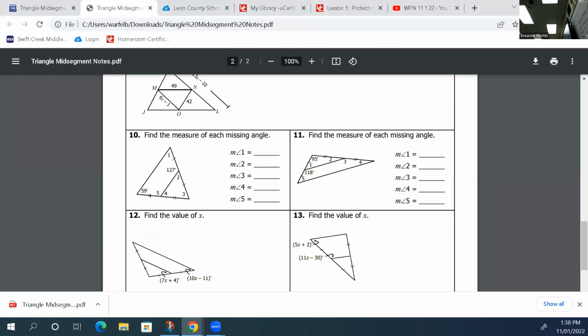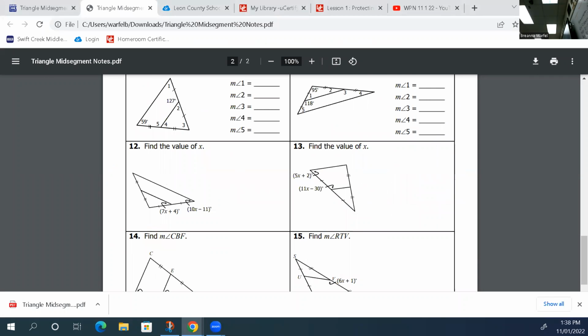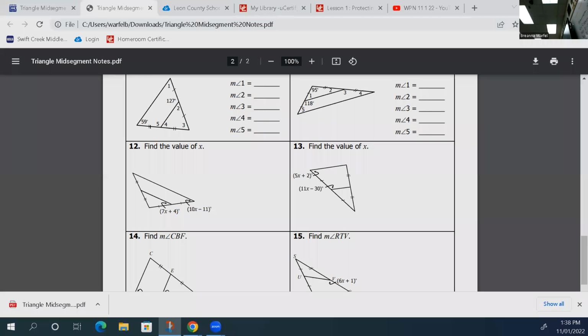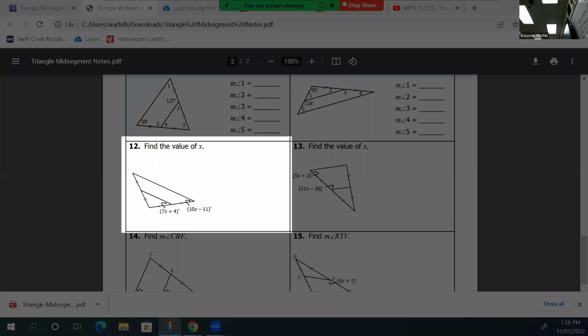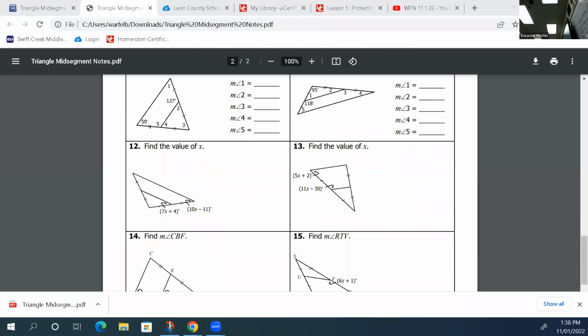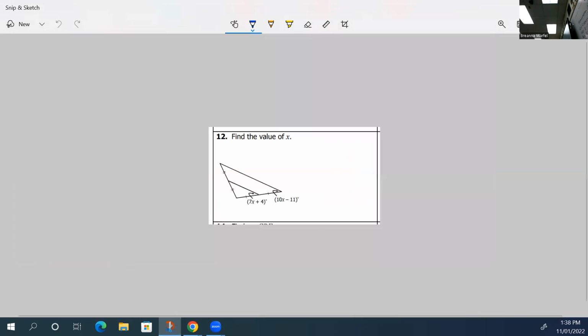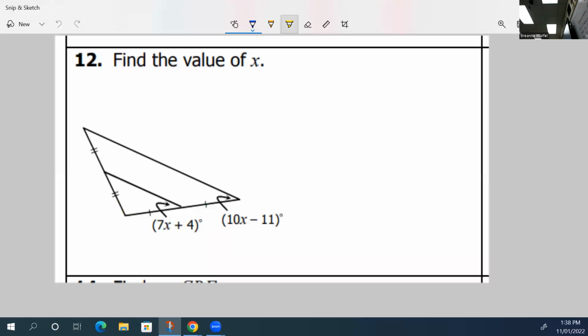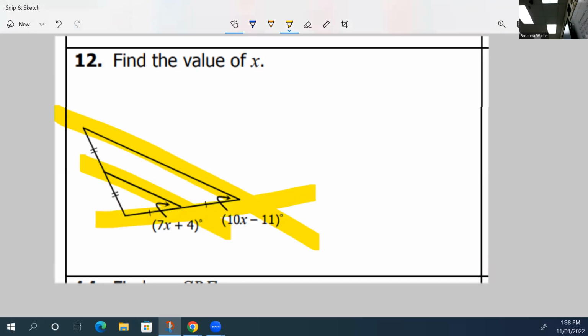Let's go ahead and try 11. Let's do a little bit with some expressions, and then you should be able to do the rest of them. Once again, you know that your mid-segment is parallel to the third side, so this has to be your transversal, and you have to look at where your angles are.